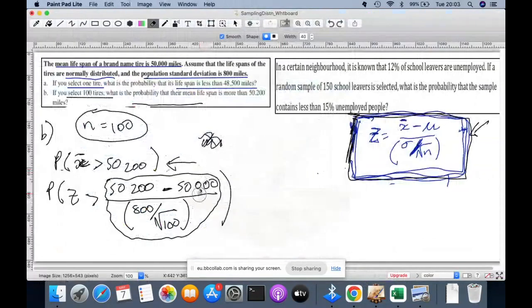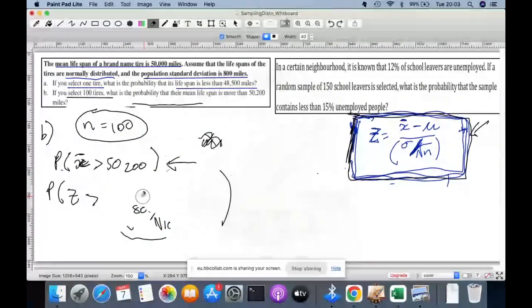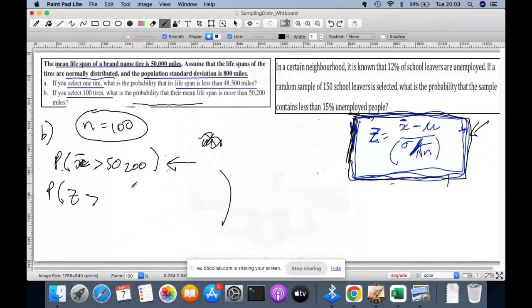Perfect. So what I'm going to do now is write this here. We want to look at the probability that Z is greater than 2.5. Now I want you to work this out. Go and use your table and find this probability for me. Write your answers in the chat.